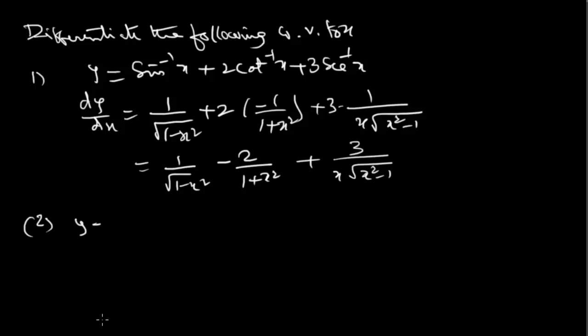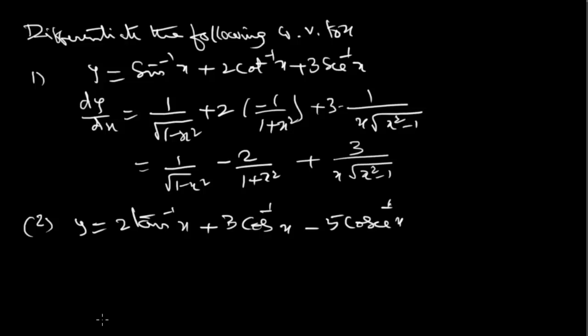Next, y is equal to 2 tan inverse x plus 3 cos inverse x minus 5 cosecant inverse x.